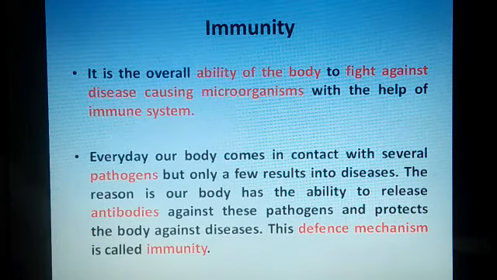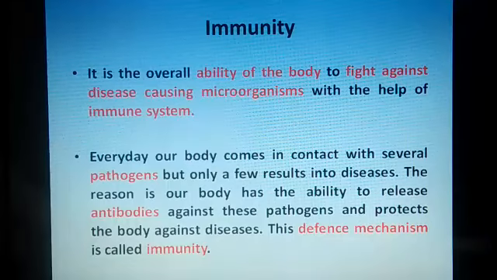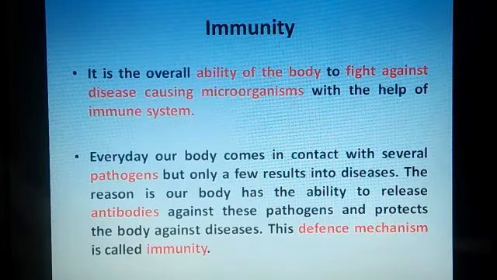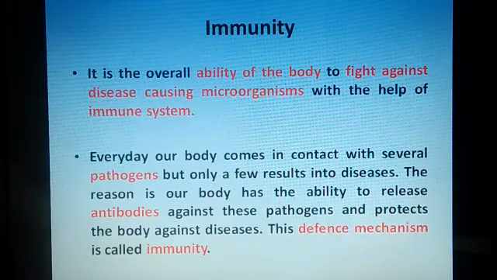Students, you know, we all are exposed to a number of pathogens every day, but only a few are capable of causing diseases in our body because our body releases antibodies against these pathogens which protect us from diseases. And this defensive or protective mechanism of our body is called immunity.